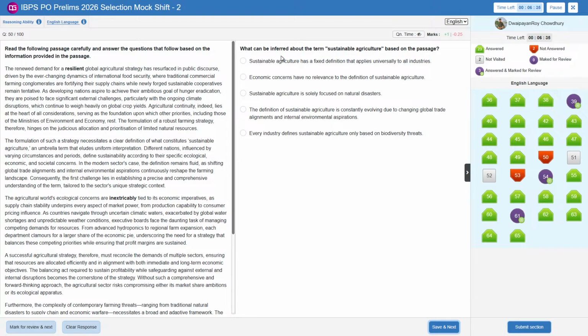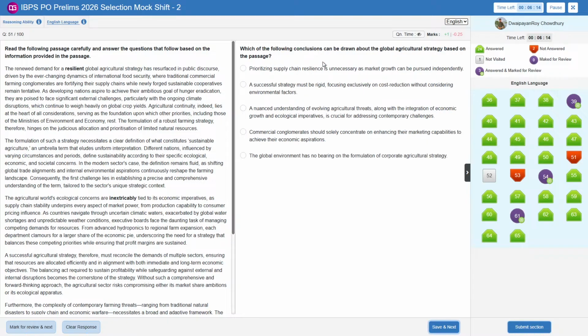What can be inferred about the term sustainable agriculture? Agriculture is constantly evolving due to global change. Okay, international process. Solely, no relevance. All industries, every industry. What conclusion can be drawn about the global agricultural strategy?